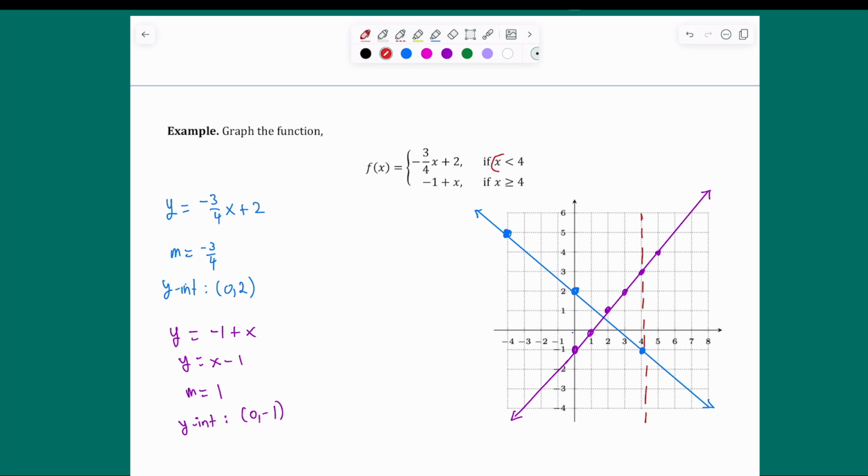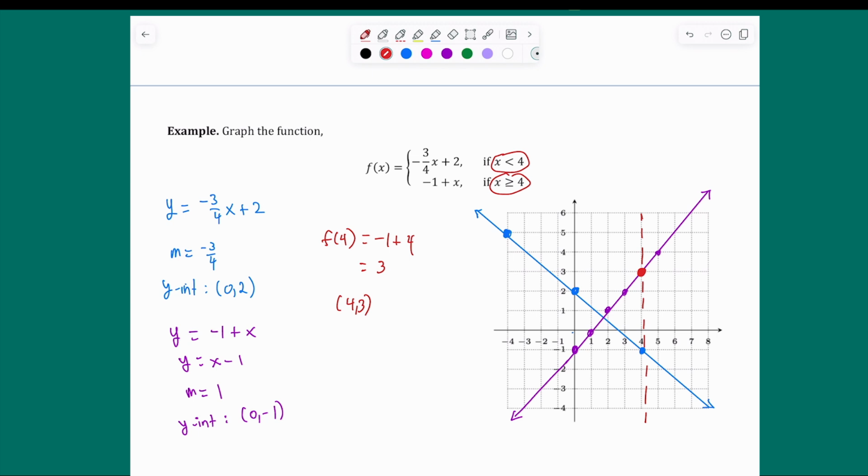Now, I want to pay attention to this part here, okay? And so if I evaluate f at 4, then what is the value going to be? It's going to be equal to -1 plus 4, because 4 is greater than or equal to 4. And so that would give us 3. And so I know at the ordered pair (4, 3), this would be a filled in circle here.